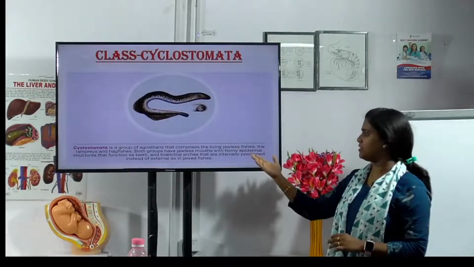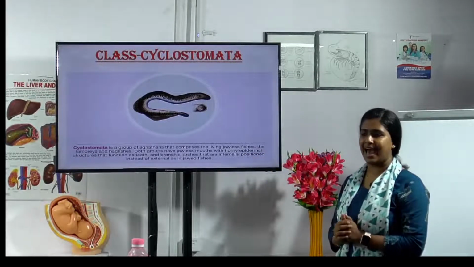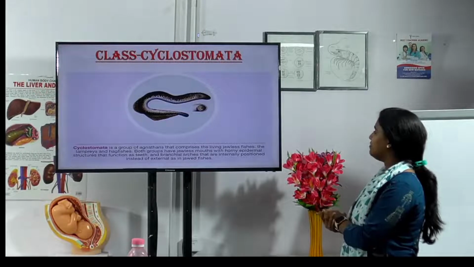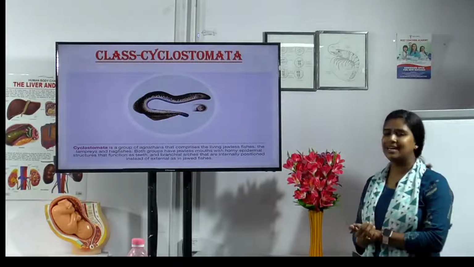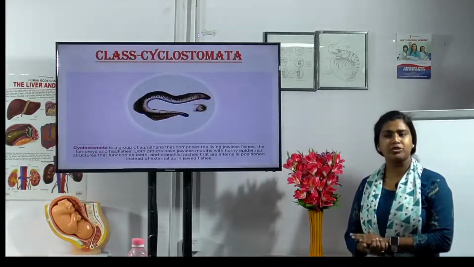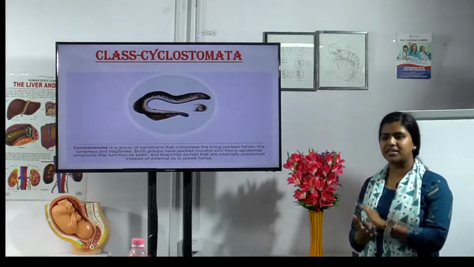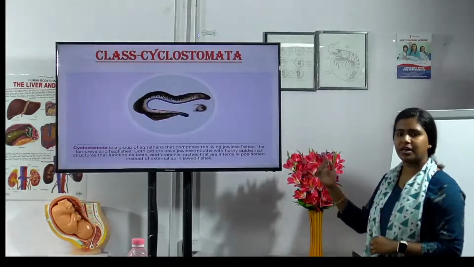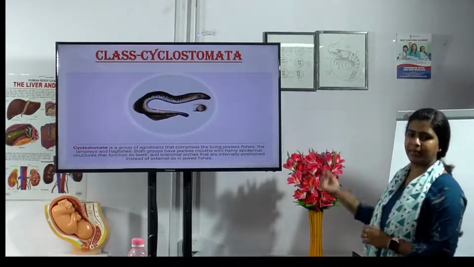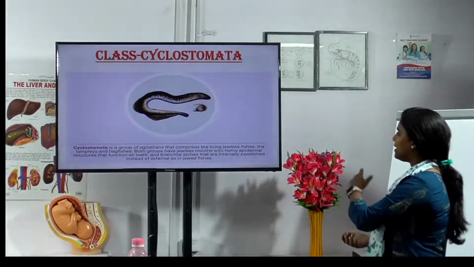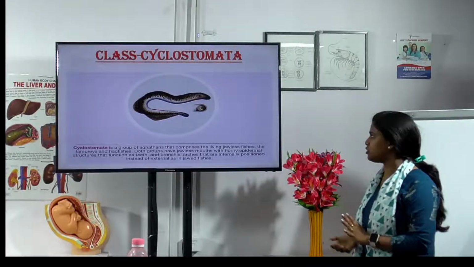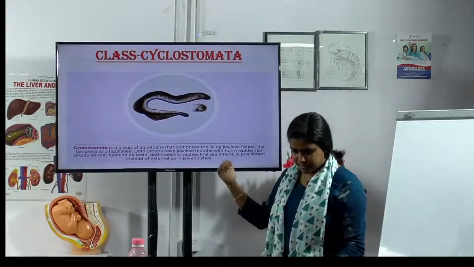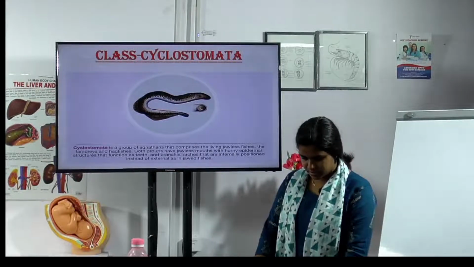Both groups have a jawless mouth with horny epidermal structures that function as teeth. They don't have teeth, but they have horny epidermal structures that function as teeth. And the branchial arches are internally positioned instead of external as in jawed fishes. This is an example of Cyclostomata.